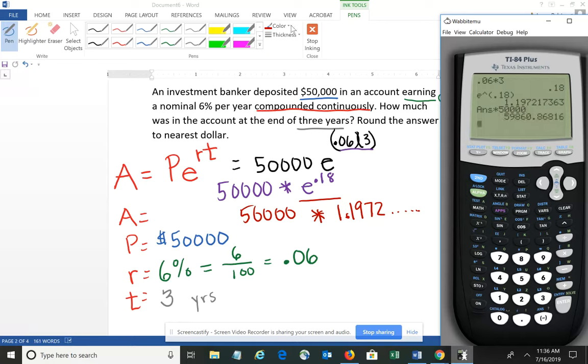Again, be careful because you are asked to round to the nearest dollar. Well, you have the 8 in the tenths place, so it's going to actually round up and be $59,861. That's how much would be in the account after 3 years.